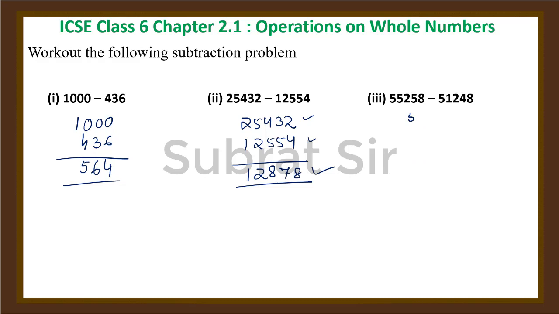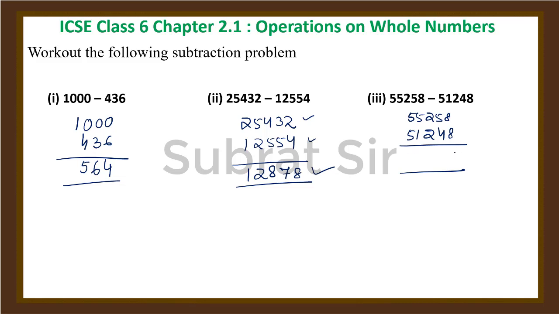Then this example: 55258 and the second number 51248. In this case also the first number is greater than the second number, that's why we will get a whole number in our result if we subtract these two numbers.